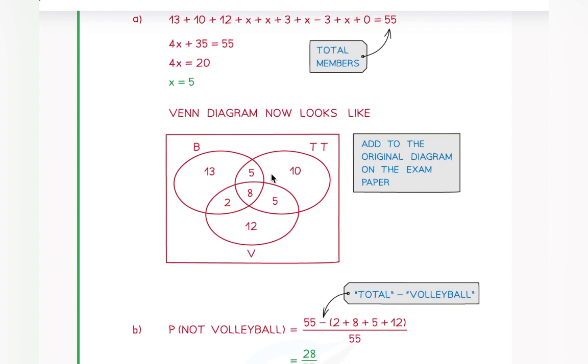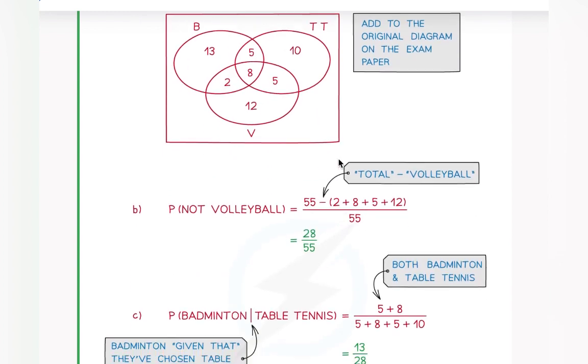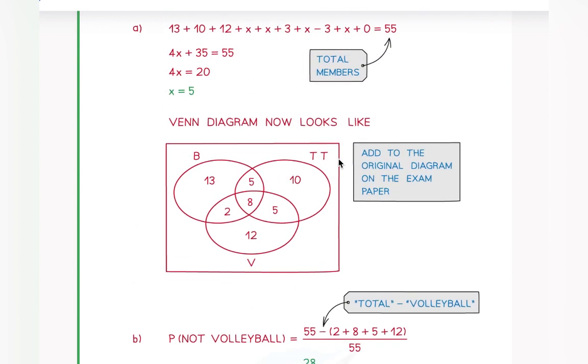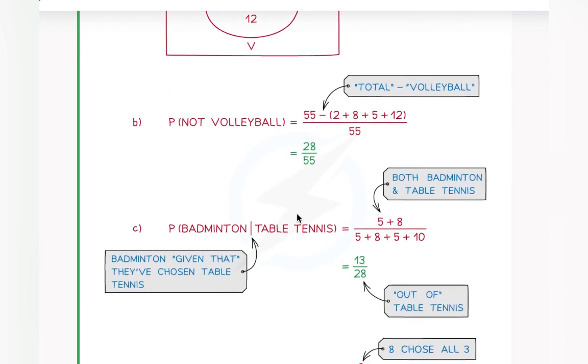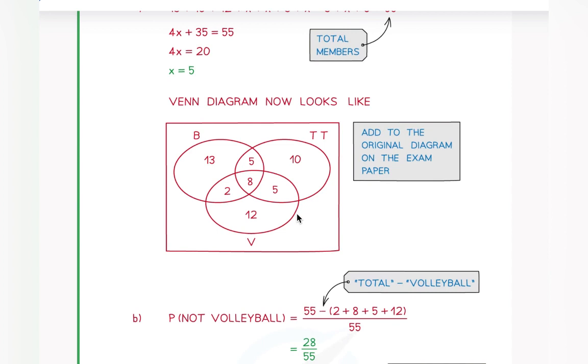Those who do badminton and table tennis are what number? 8 and 5, right? That's this 5 and this 8. This is the overlap between the two. 5 plus 8, which is 13, over this 28 that is here.